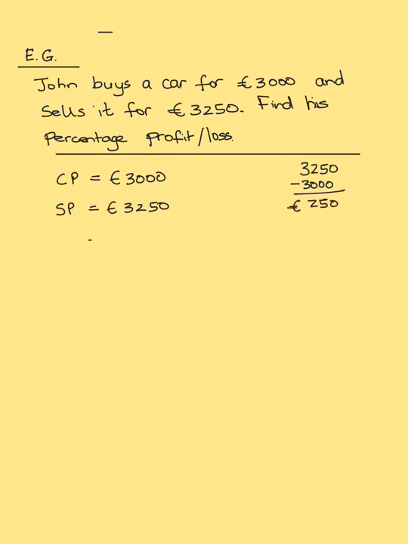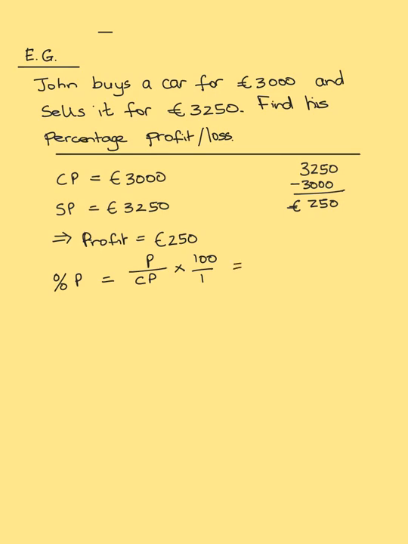Now, because his selling price was higher than his cost price, that means he's made a profit. So this means that his profit is the difference between these two numbers. So his profit is €250. That's the first part. So even though the question asks us to find the percentage profit, it's very important that we work out the actual profit first, and then we can move on. Don't forget, we have to write out the formula. The percentage profit is the profit, and you can just use the single letter, over the cost price by 100 over 1.